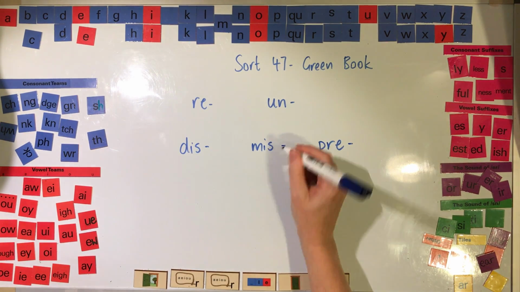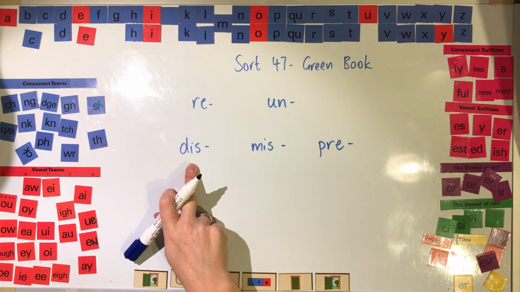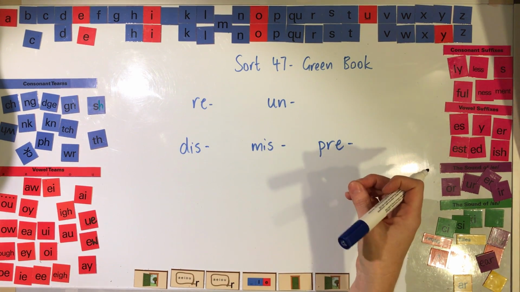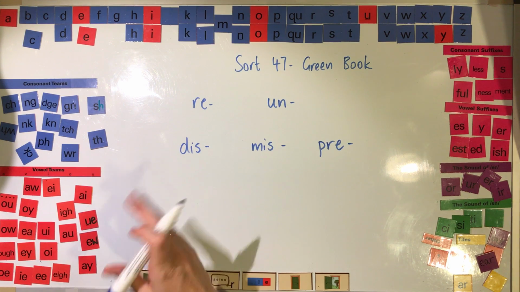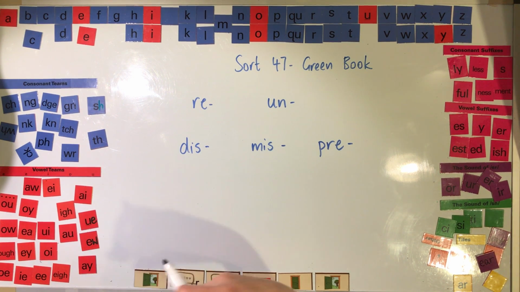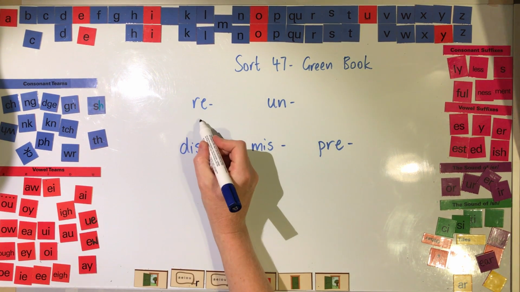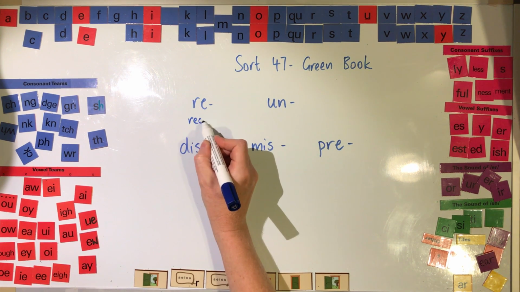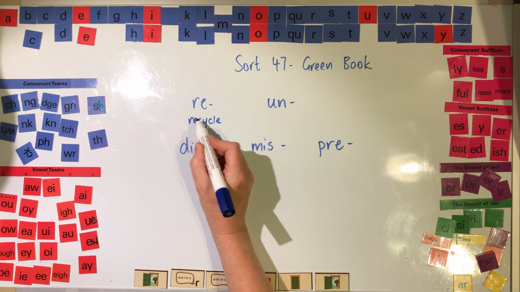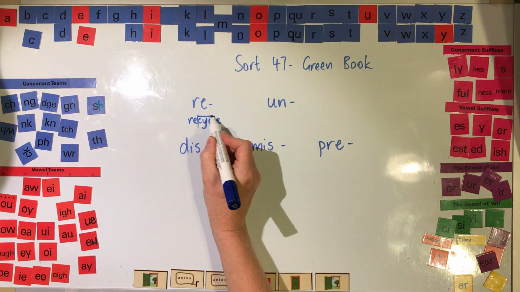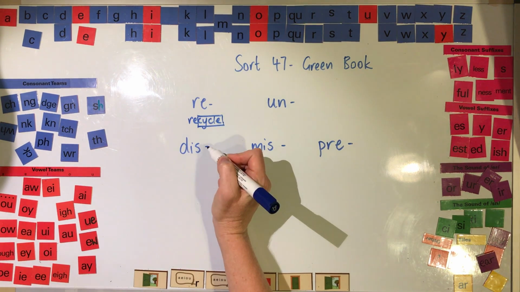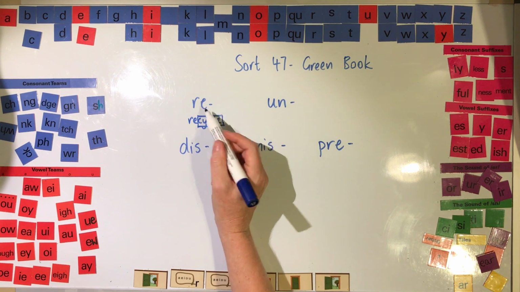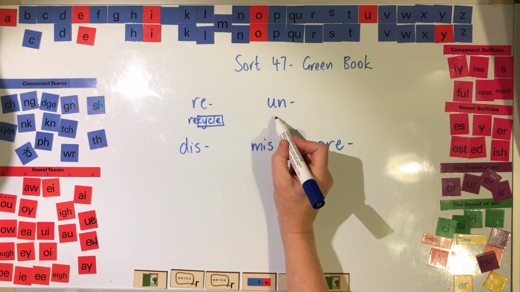So we are going to be looking at words that have a base word that is its own word in its own right, but then we put dis in front of it to change the meaning of the word. So remember we had words like recycle. Cycle is a word, and then we put re in front of it, and it means repeat or redo, do again.